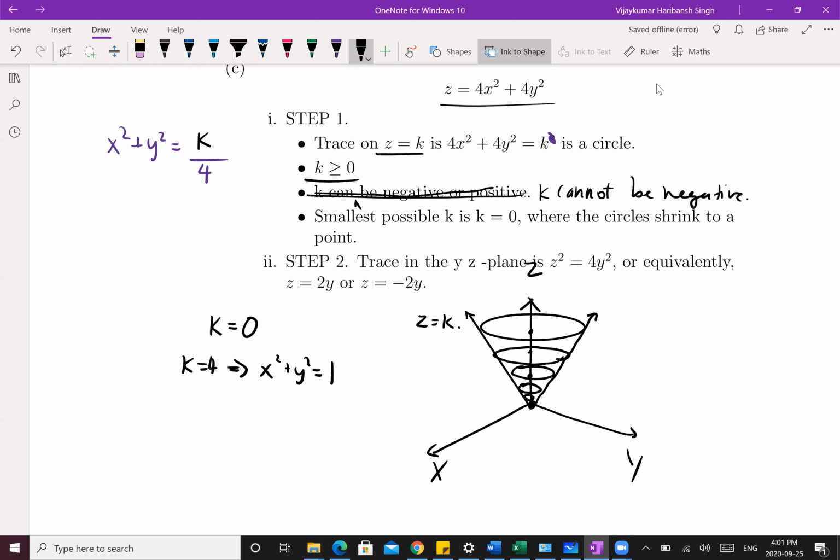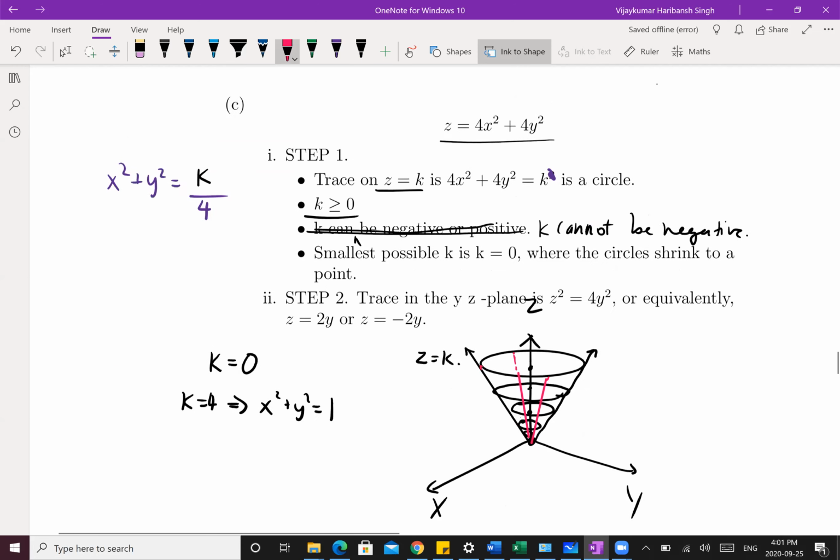For the other ones as well, we'll have a line. This should be drawn dotted because it's in the background. So this looks like a cone to us.